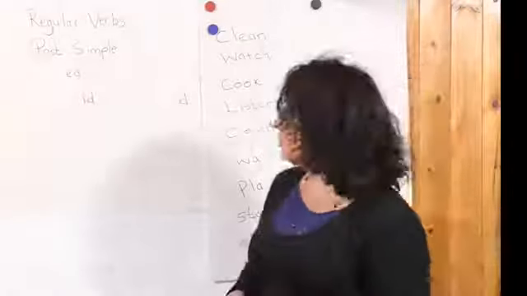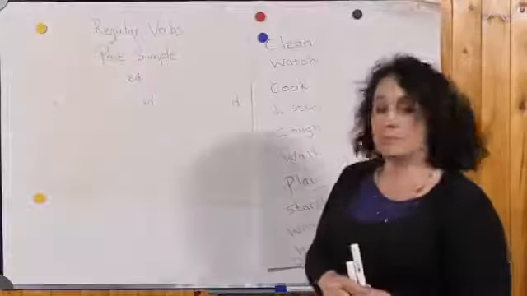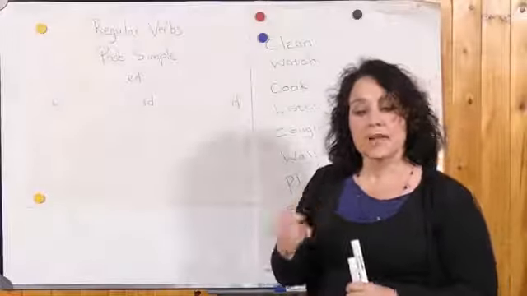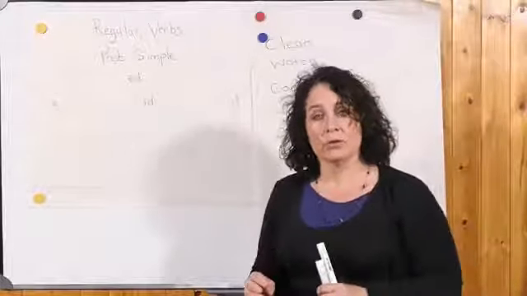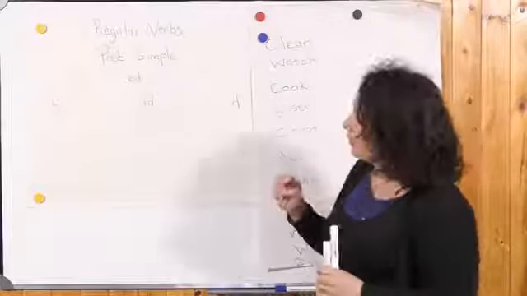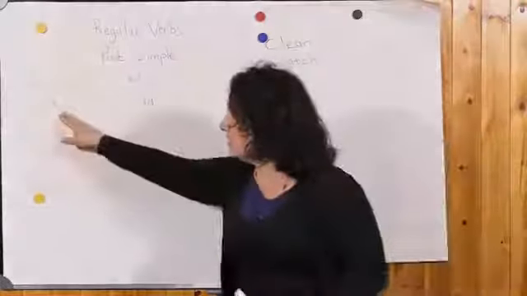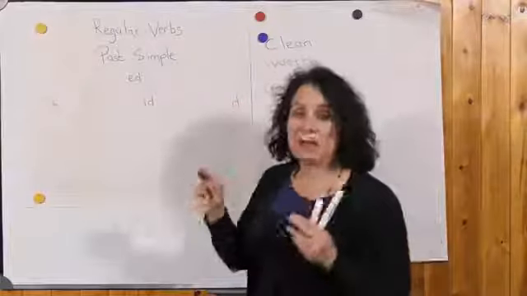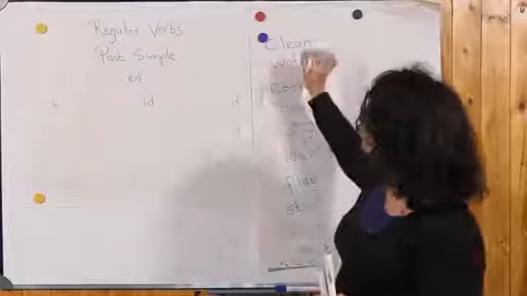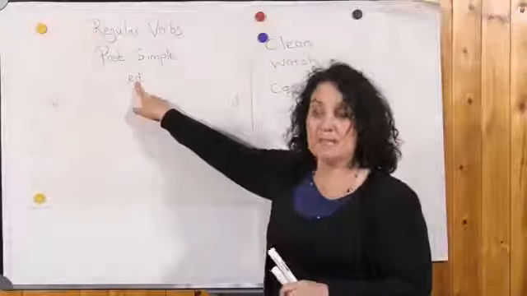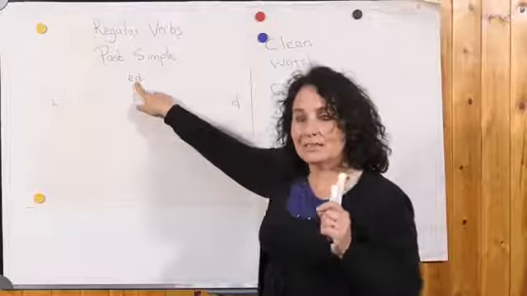Okay, so when we use these regular verbs, we must pronounce them differently when we add ed. Okay, so they fall into 3 different categories. Okay, the sound at the end. So when you put ed at the end of those regular verbs, the sound is different.